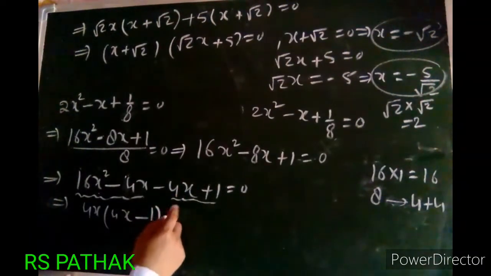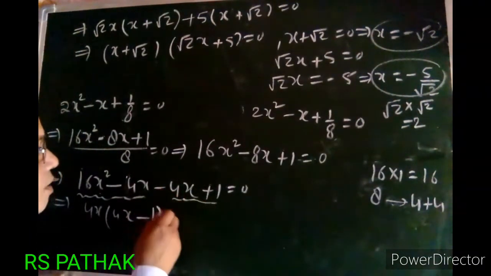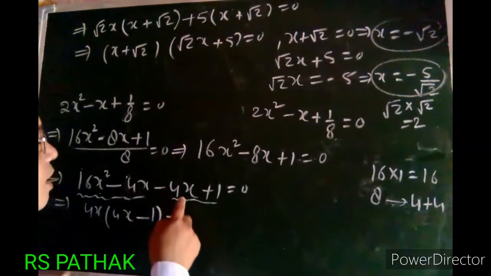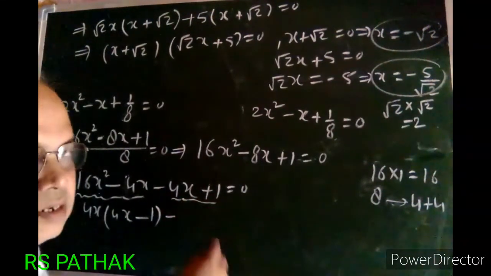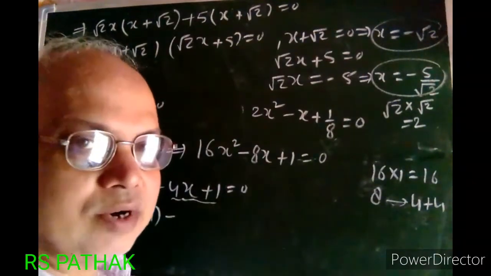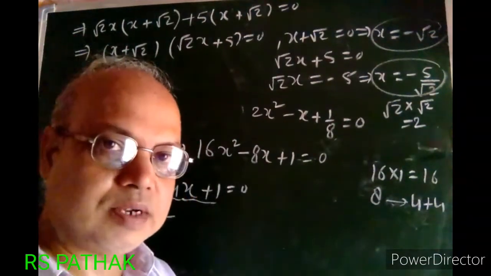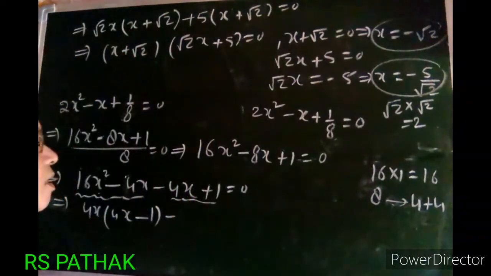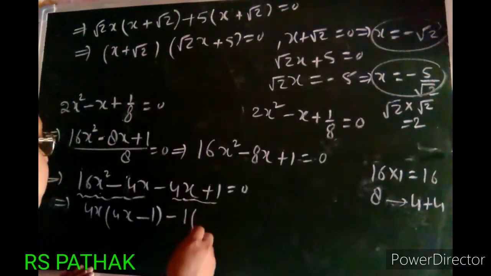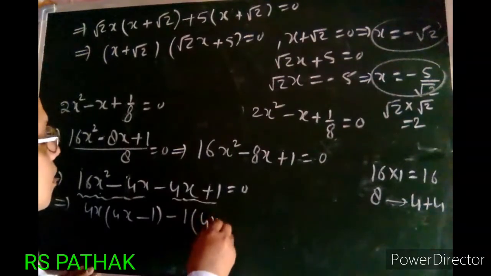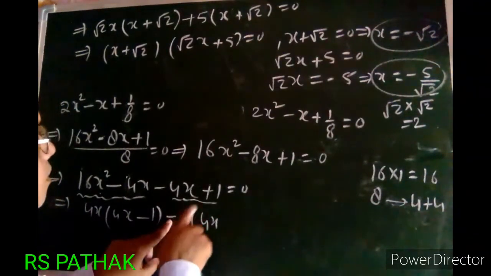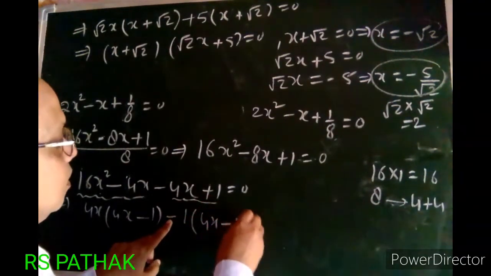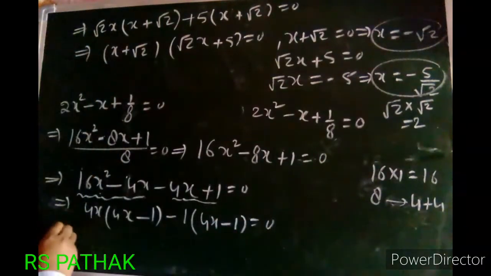Minus, the next group will start with minus sign. What is common between 4x and 1? There is no common. Therefore, I will take simply 1. If there is no common, I should take 1 as common. 4x, due to minus sign, this plus will change to minus 1 equals 0.